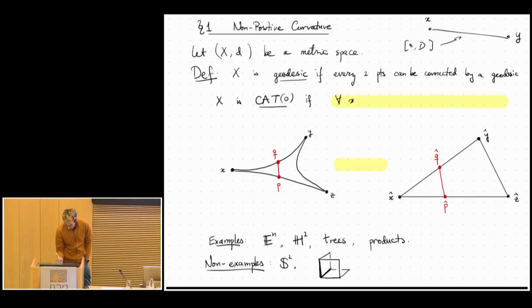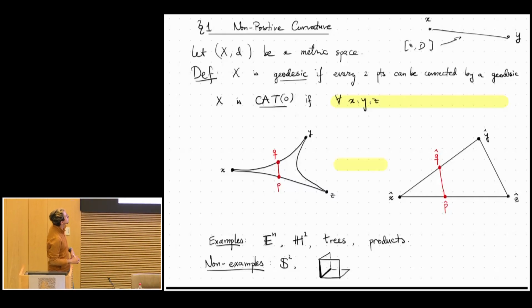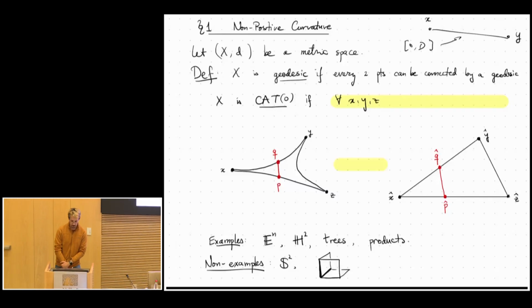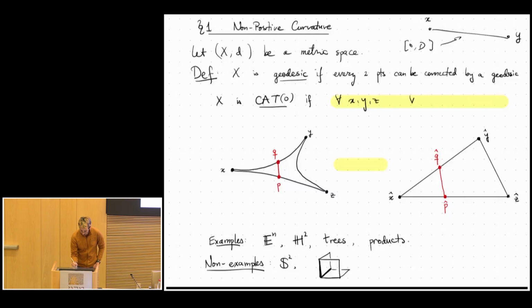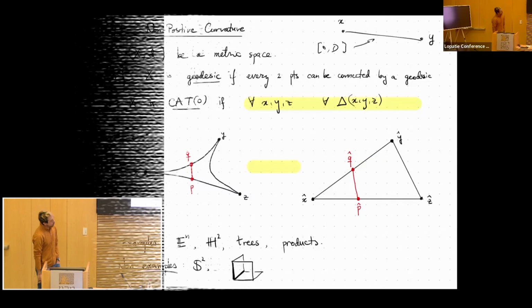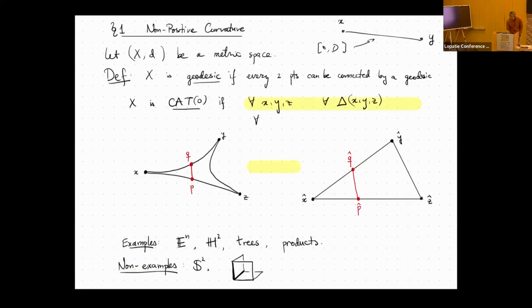For any 3 points x, y, z, and for any geodesic triangle between those points, so what's a geodesic triangle? Just connect x, y with a geodesic, y, z with a geodesic, and x, z with a geodesic. Okay, so let me just write something like that. And for any 2 points P and Q on this triangle.